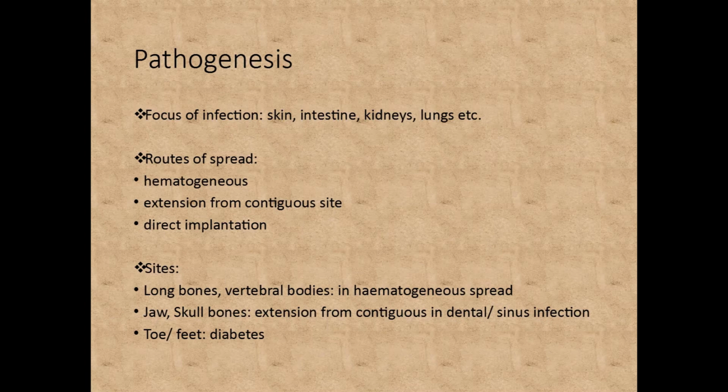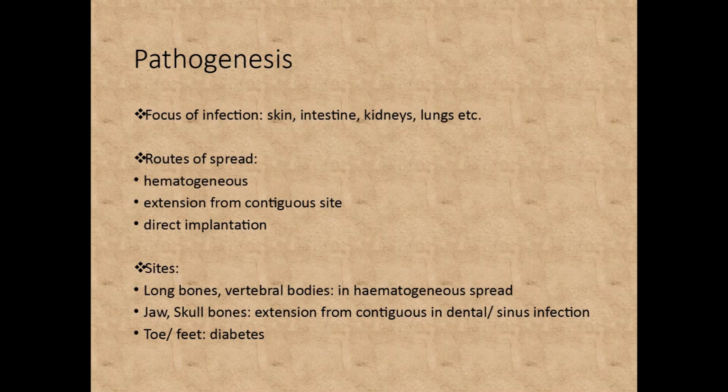Further, moving on to common sites which are involved by osteomyelitis. So if the spread is through blood, then the common bones affected are long bones, for example femur, humerus, or vertebral bodies.